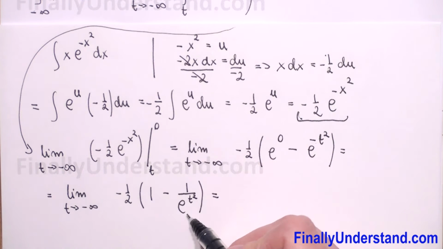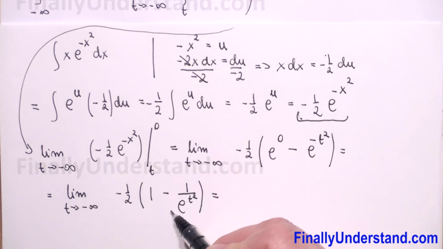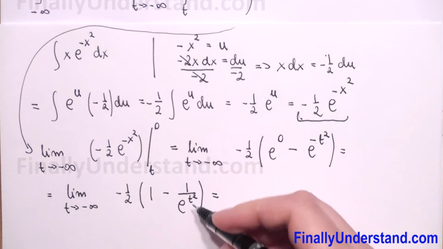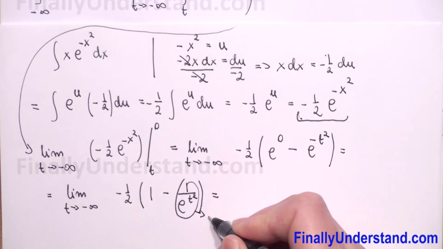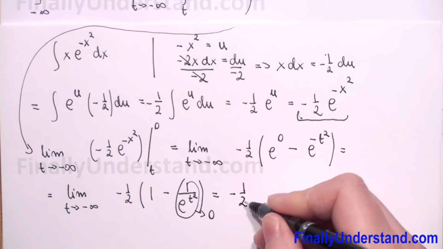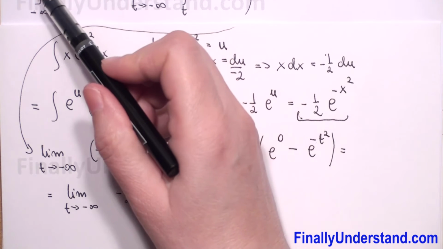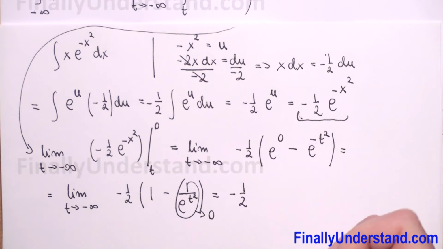In our denominator we have e to power negative infinity squared, so it will be a positive number, e to positive infinity. So we have a very large number in the denominator. 1 divided by a very large number goes to 0. So we have negative 1/2. Because we got a finite number, it means that our integral is convergent.